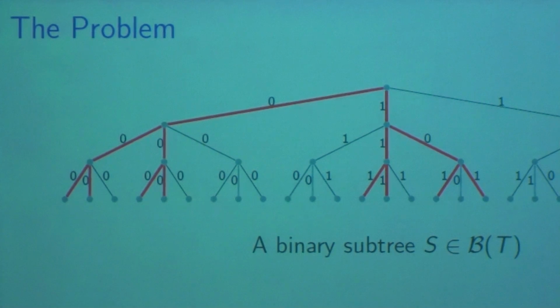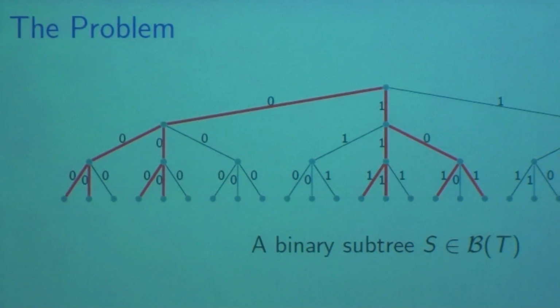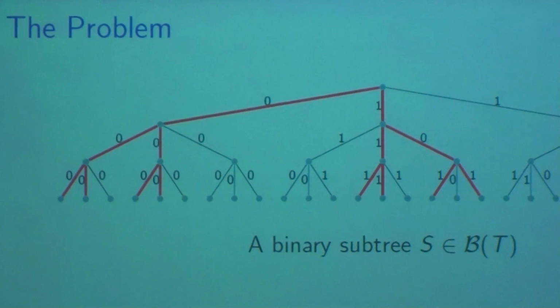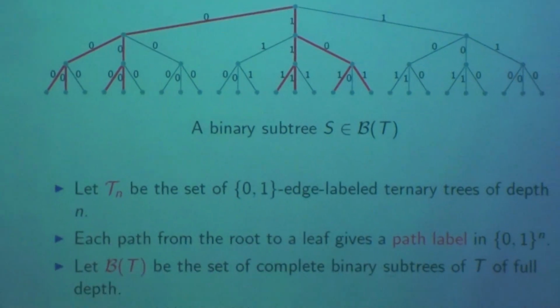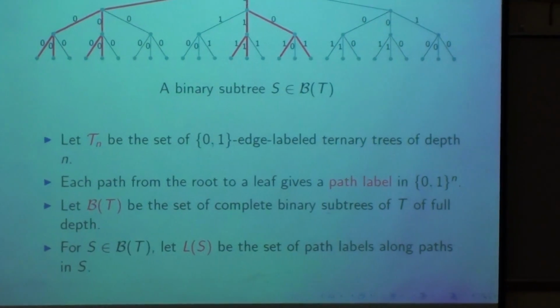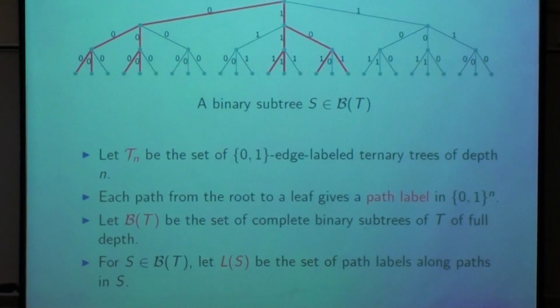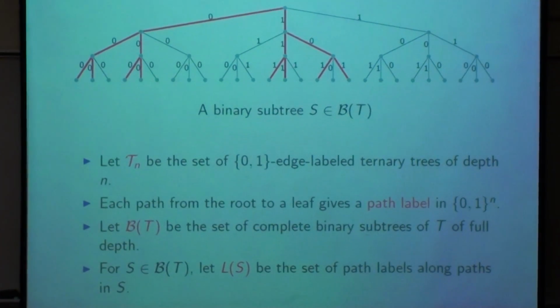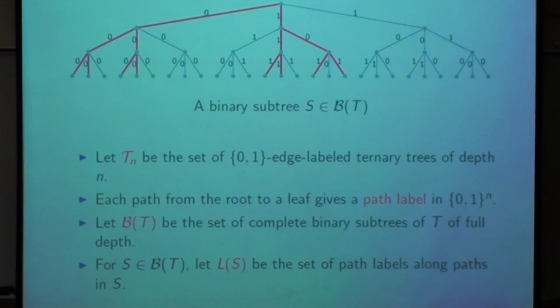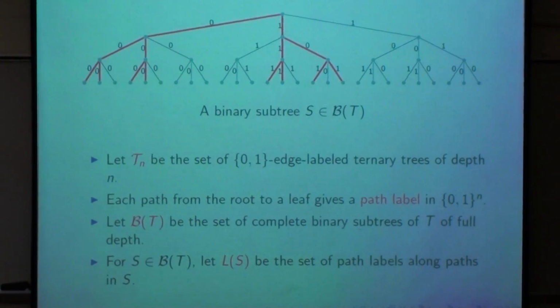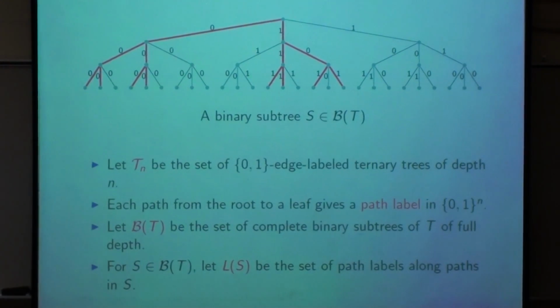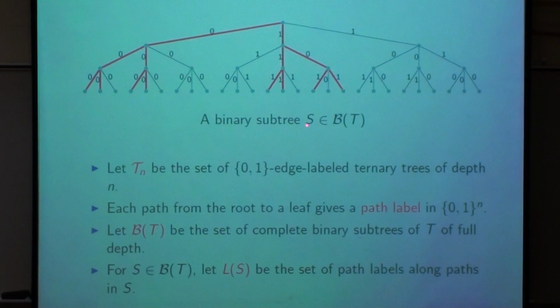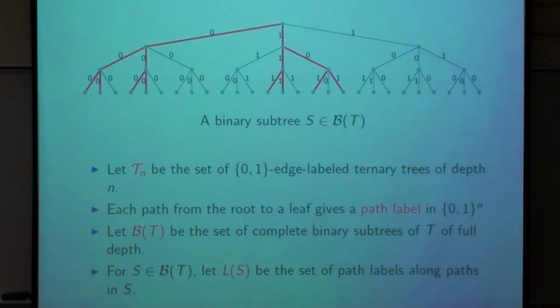And then we're looking to minimize the number of path labels that occur in our carefully selected binary subtree. So we'll introduce some notation for that. L of S, for a binary subtree S, is just going to be the set of all path labels that occur in paths in S. So for example, for this highlighted binary subtree S, what's L of S?